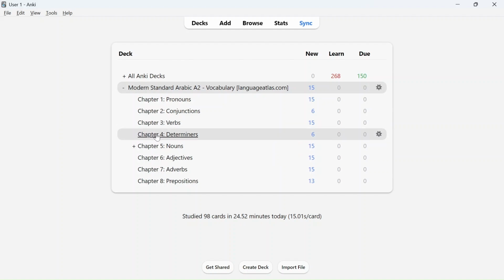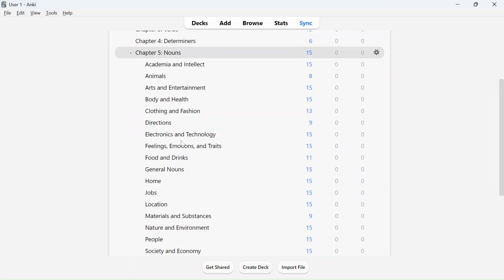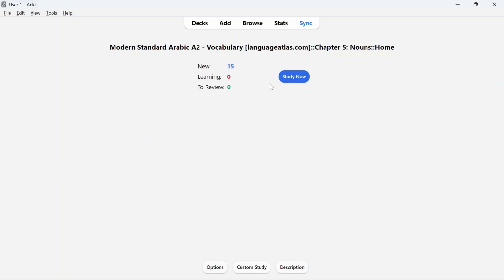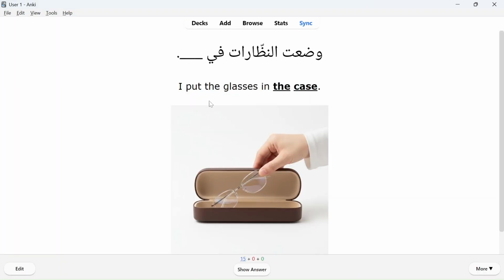So nouns, adjectives, verbs. I can't show you all of them, but I do believe that having a look at these 3 Anki decks will give you a better understanding of what it is like if you do the Arabic A2 vocabulary Anki deck. So I get started with chapter 5 nouns, and then I will go to home, and I'll click on study now.